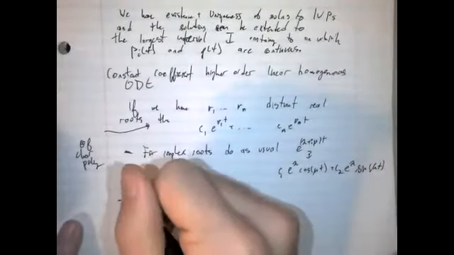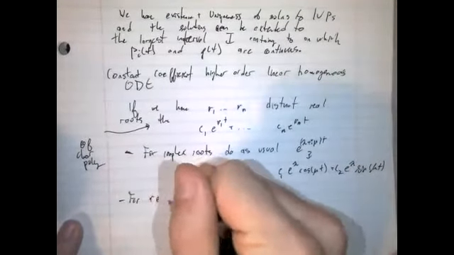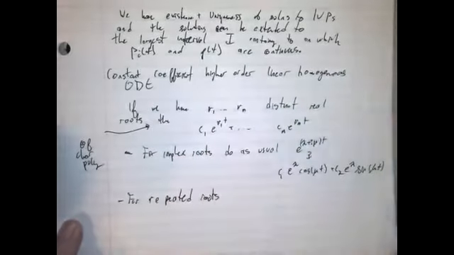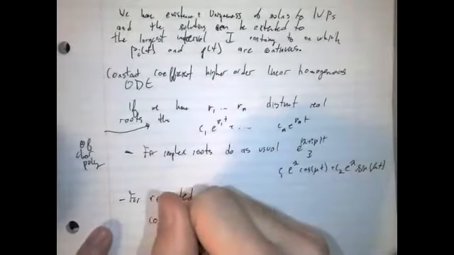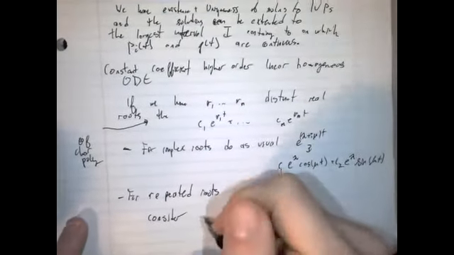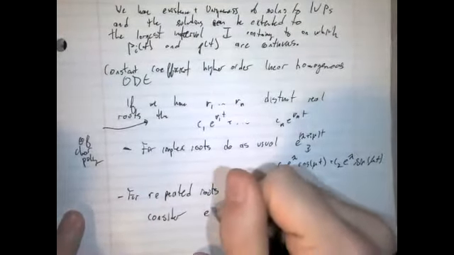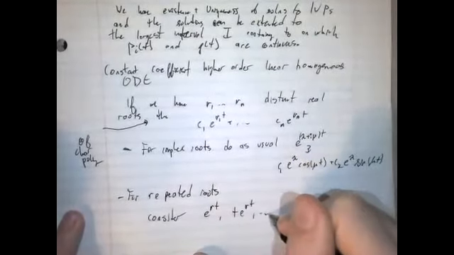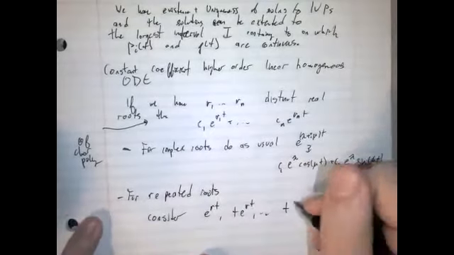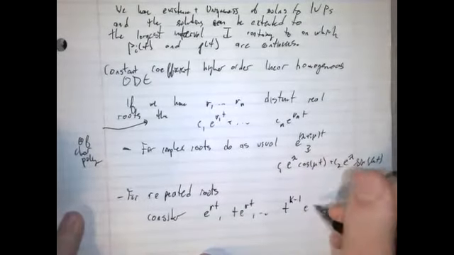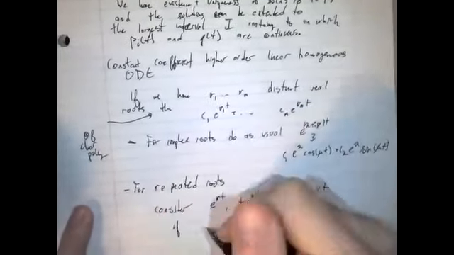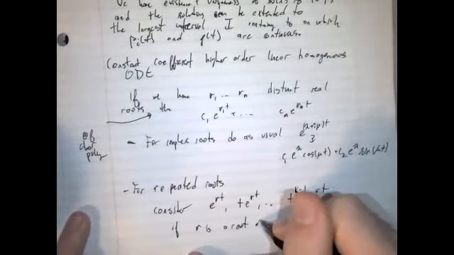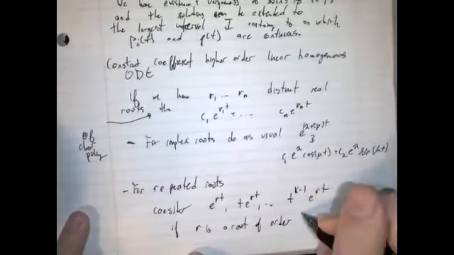And then for repeated roots, you consider solutions of the form e to the rt, t e to the rt, all the way up to t to the k minus 1 e to the rt, if r is a root of order k, right?